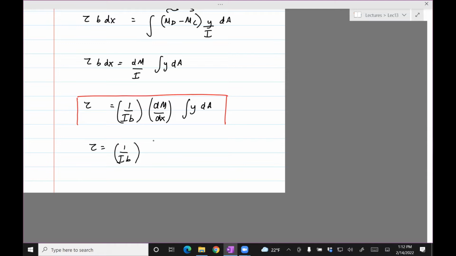Shear force, so it's V. And then people like to call this integral y dA, is there a name for it? It's called Q. It's an abbreviation that's normally used. It's the first moment, area moment, as they call it. It's called area moment because there's area dA, and y signifies the moment arm.